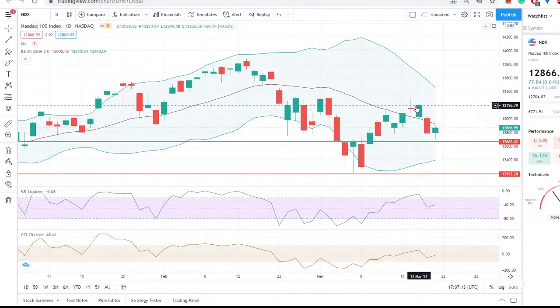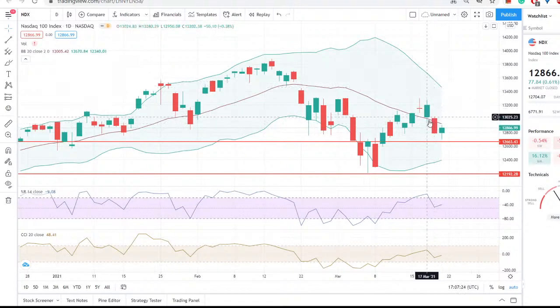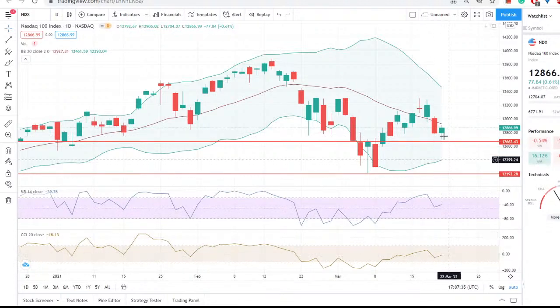It went a little further to 13,280, and then has started moving downward as we had expected, because the upper Bollinger Band and mid Bollinger Band were downward and are still downward. It's just that the last session was green. That's why you see Williams R and CCI turning up. However, with the mid Bollinger Band and upper Bollinger Band downward, you could still expect some downward trend to continue this week as well.